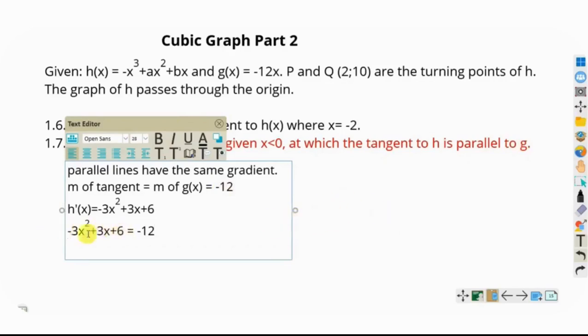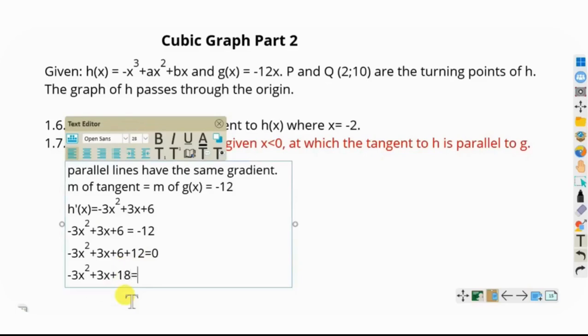Now transpose the negative 12 to the other side and it becomes positive 12. 12 plus 6 is 18, so the equation becomes negative 3x squared plus 3x plus 18 equals 0.